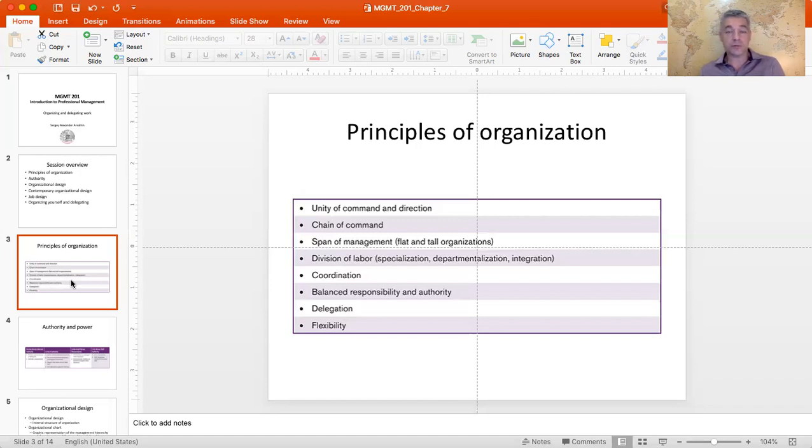Now, the ultimate accountability is with you. You cannot delegate that, right? You're still responsible to the shareholders and to the stakeholders of the company for everything that happens under your supervision. But when you delegate certain tasks, the responsibility and authority also goes to that person, and then it becomes your responsibility to ensure that they actually can deliver.